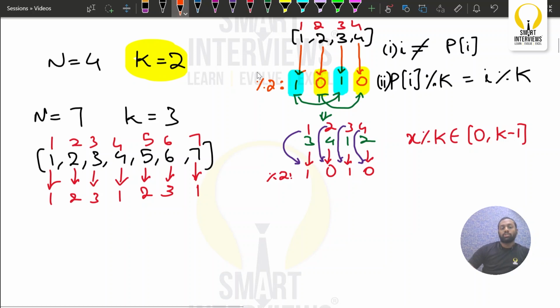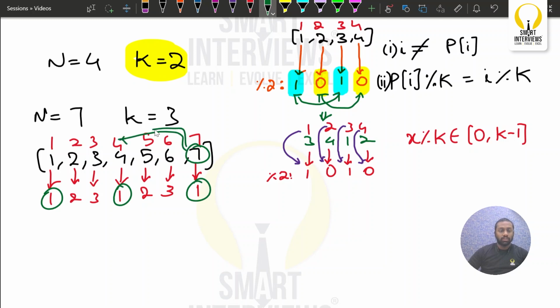Now what can I do about the first condition? I see that there are three numbers having the same remainder, which means I can place 7 in the fourth index or even in the first index. I can place it because 7 is not equal to 1 or 4, and 7 mod 3 is equal to 1 mod 3 and also 4 mod 3.